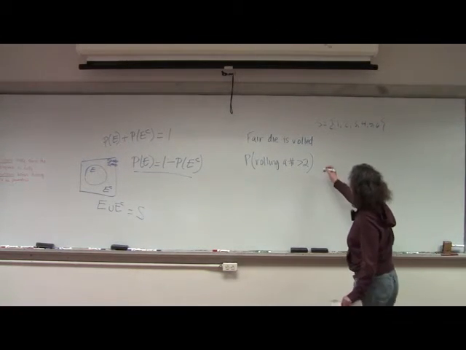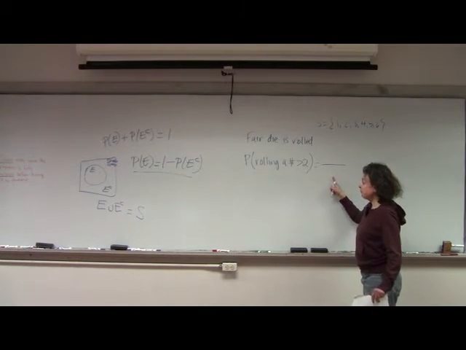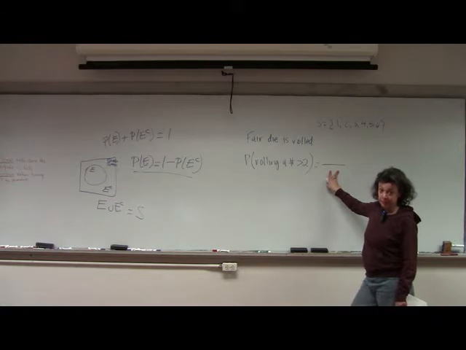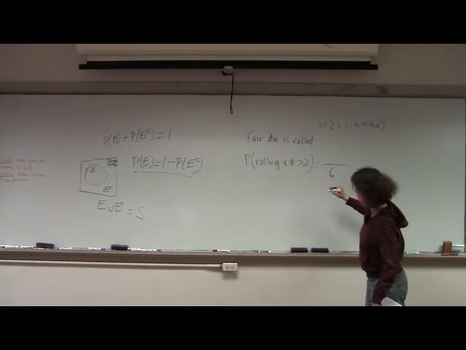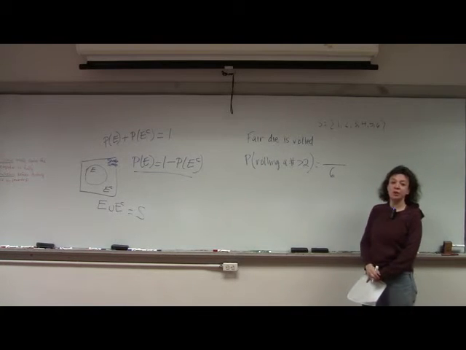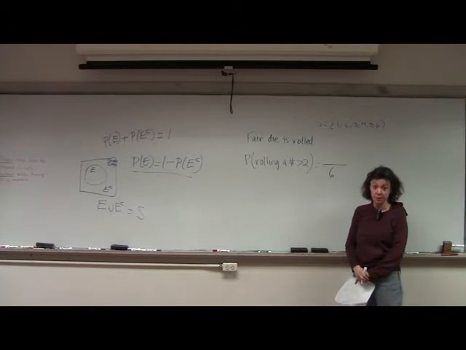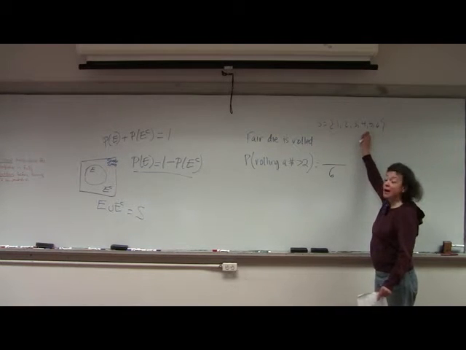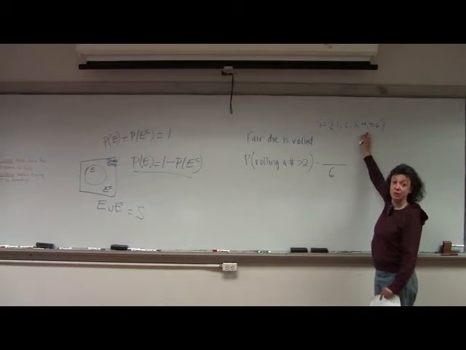All right. Well, by definition, the denominator is always the number of elements in my sample space, which is 6. And now what we want to do is find the probability of rolling a number greater than 2. So we look in our sample space and say, all right, how many numbers in here are greater than 2?